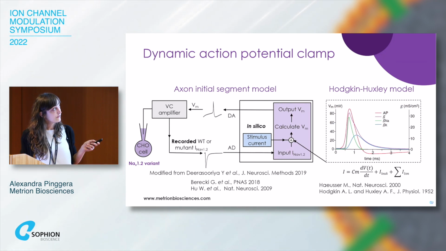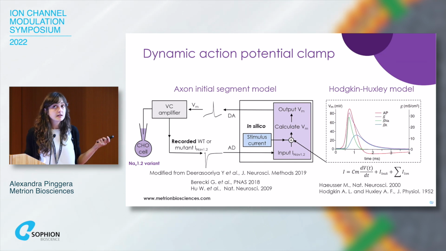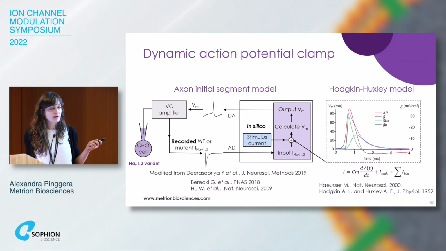The model itself is in current clamp, so we perform in silico current injection. The model then generates a membrane potential, which is applied through the amplifier to our recombinant cell expressing our sodium channel variant. At a certain point, this will elicit a response, a sodium current, which is then immediately fed back to the model and will change the membrane potential accordingly.